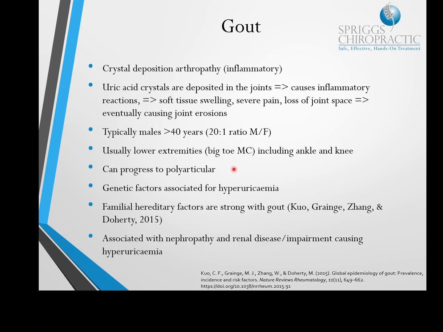It can progress to polyarticular as well, so whilst it's common in the big toe, it can cause deposition in other joints of the foot, or it will start in the big toe and progress to the ankle and knee.